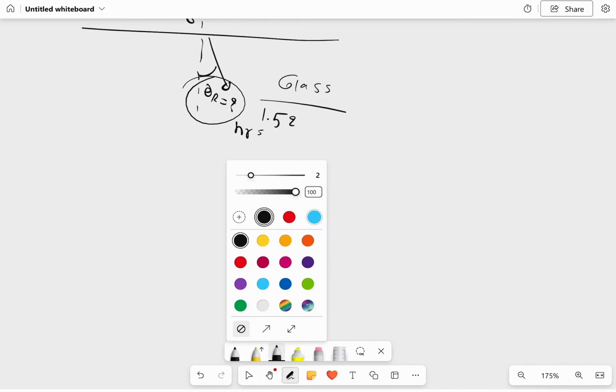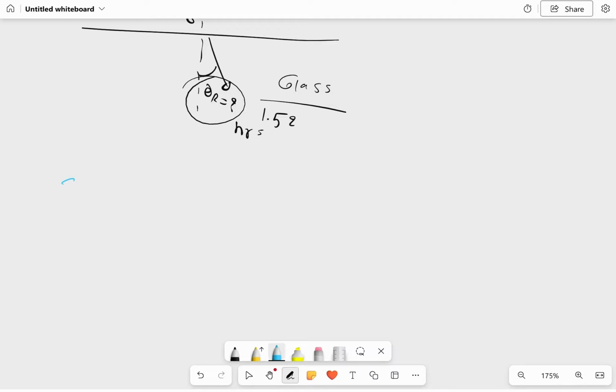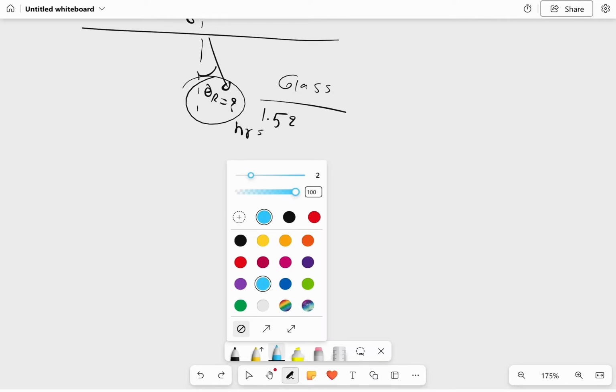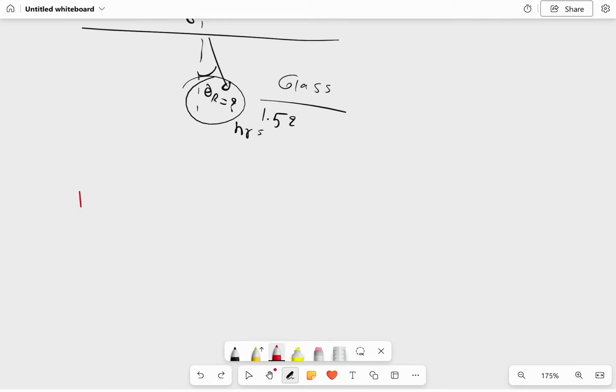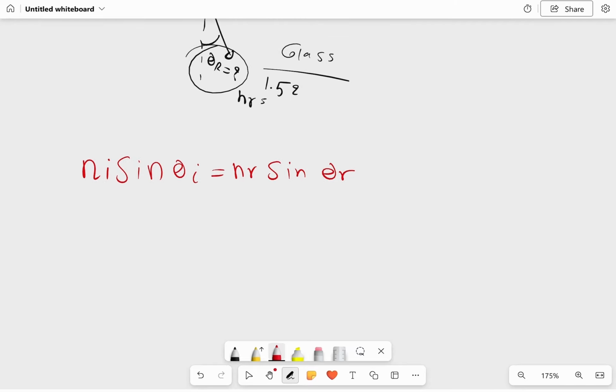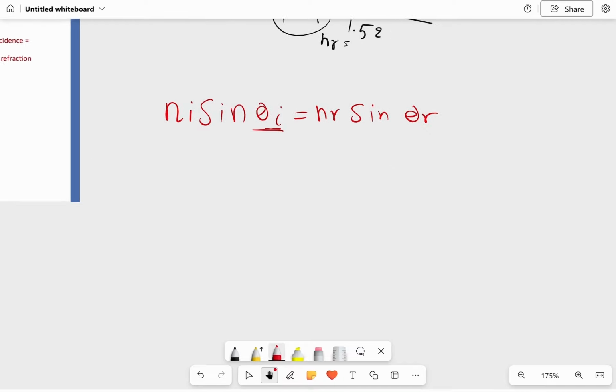Using the following equation: Ni, which is the index of refraction of the first medium, sine theta i is equal to Nr sine theta r. Whenever you are trying to find the angle, always calculate the sine and then take the sine inverse of it.